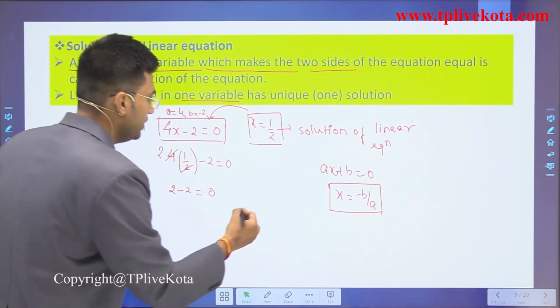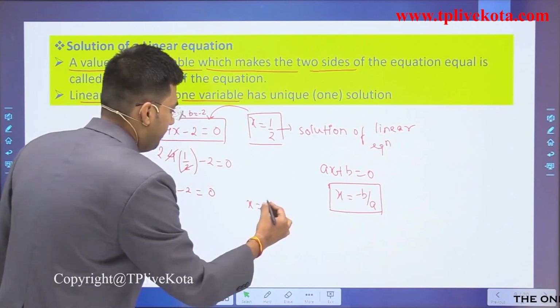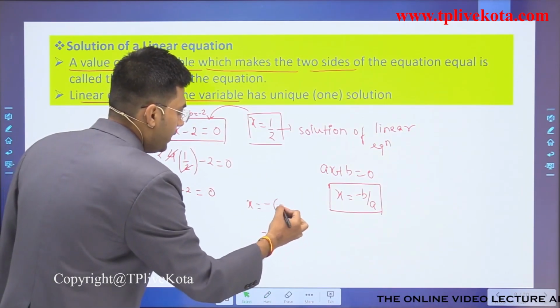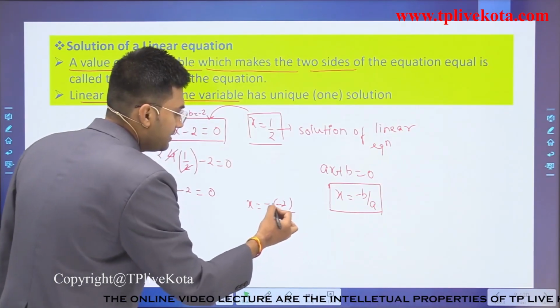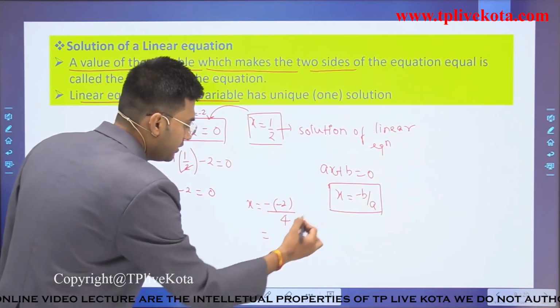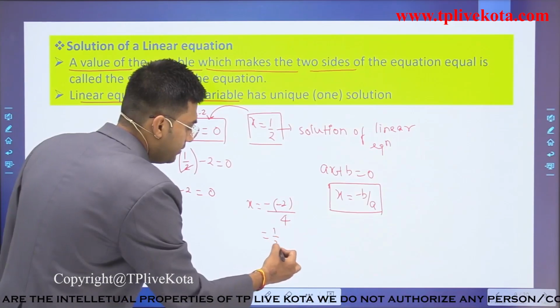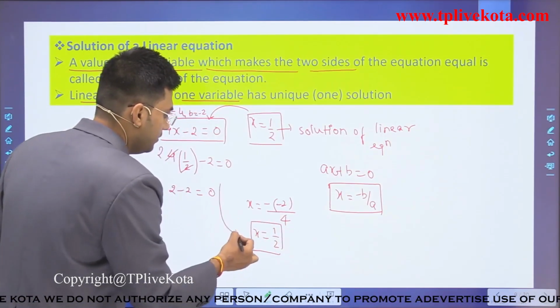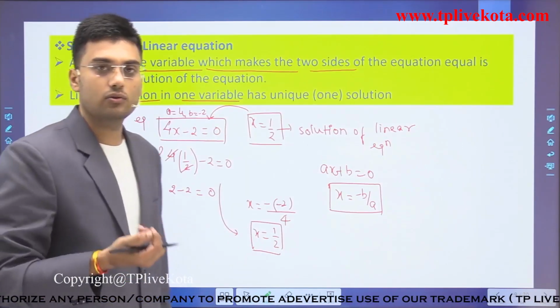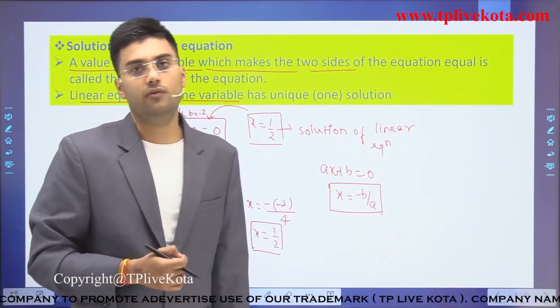So the solution is x equal to minus of minus 2 divided by 4, and minus becomes plus, so it is equal to 1 by 2. So directly we can say that x is equal to 1 by 2. This is the solution of this linear equation.